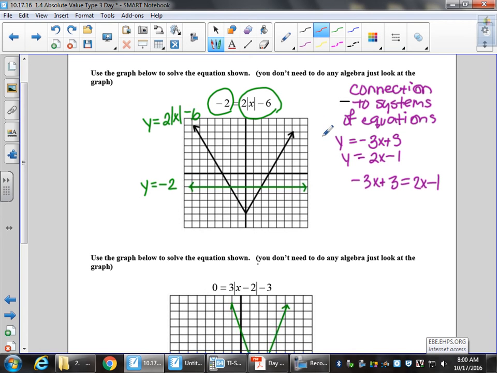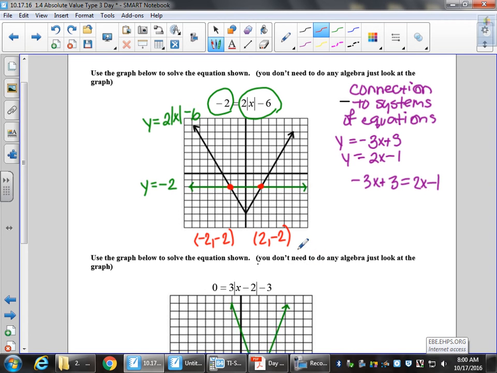Do you see points of intersection? Where? Give me the ordered pairs. Good.